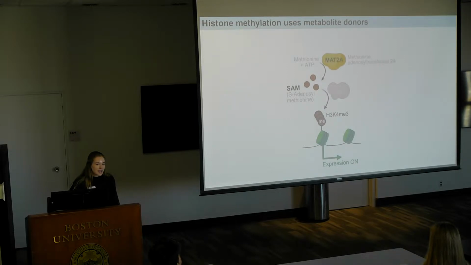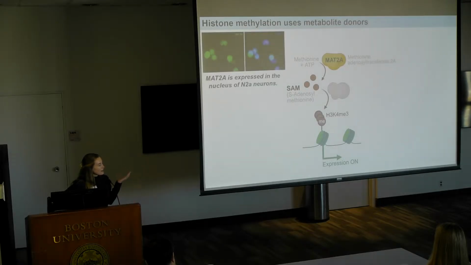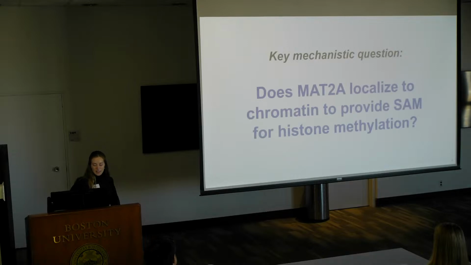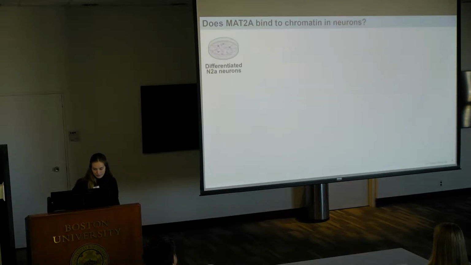SAM is synthesized by MAT2A, or methionine adenosyl transferase 2A. While the connection between SAM and epigenetics is pretty well established, the actual molecular mechanisms of how this occurs, especially in the brain, are pretty poorly understood. We have found that MAT2A is expressed in the nucleus of differentiated N2A neurons, which brings us to a key mechanistic question: does MAT2A localize to chromatin to provide SAM for histone methylation?